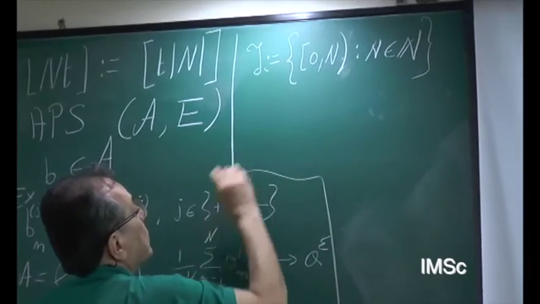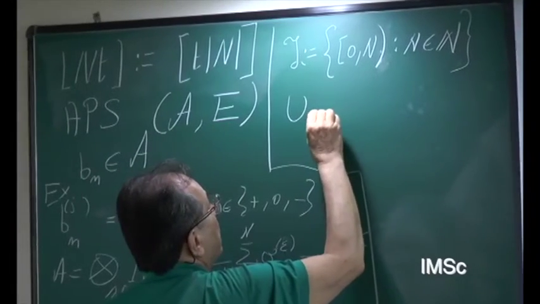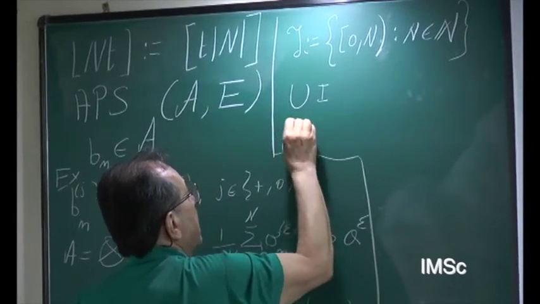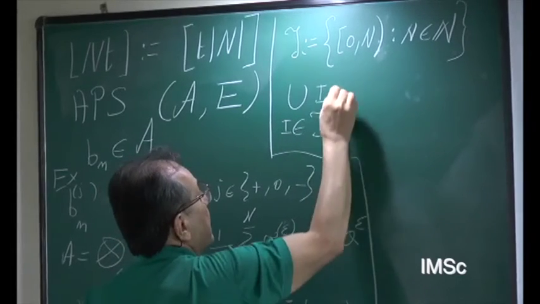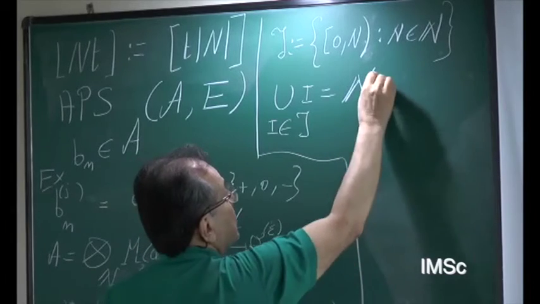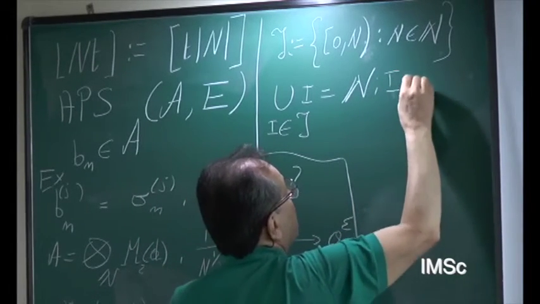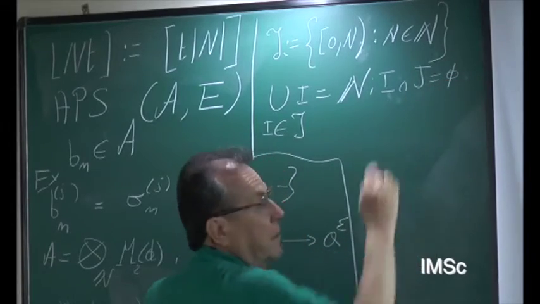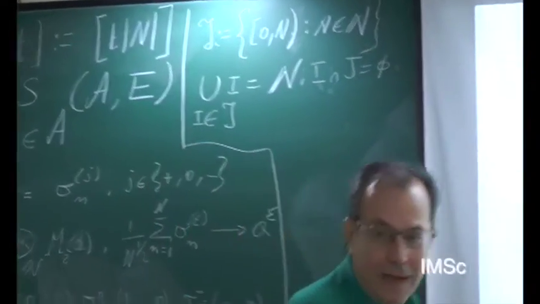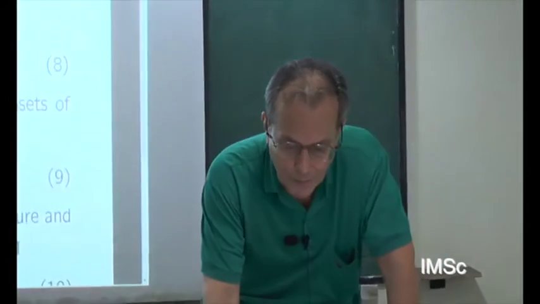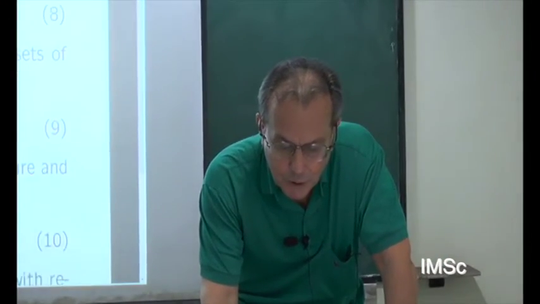Okay, so clearly if you take the union of all I in script I, you get n. And with this notation, you have this, if they are different. Of course, if they are equal, they coincide. So we make this assumption.